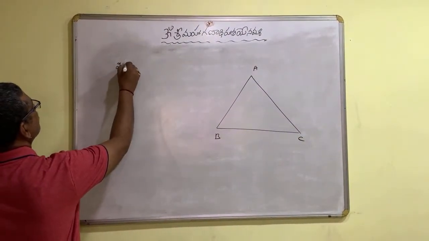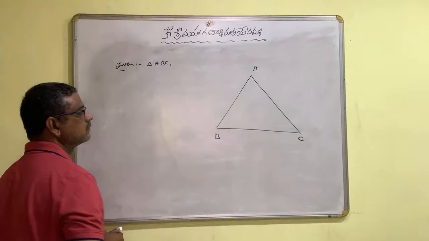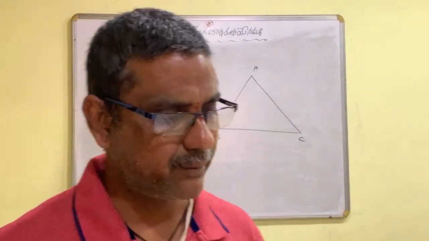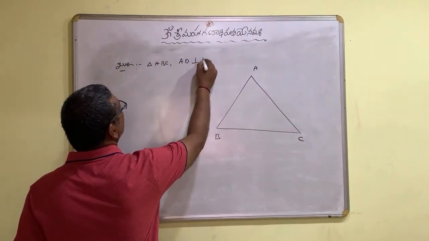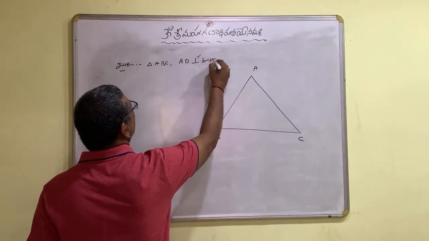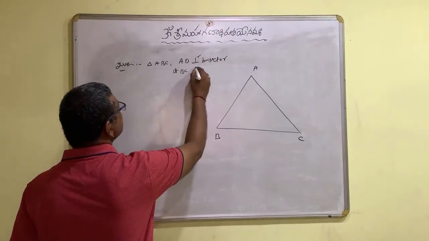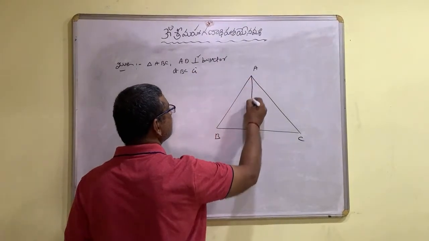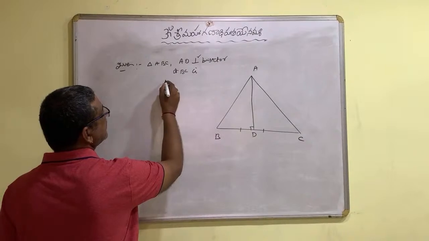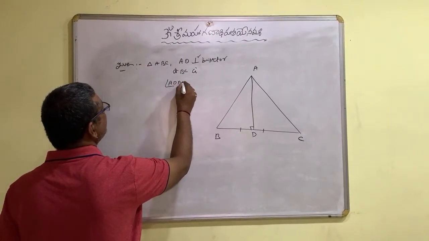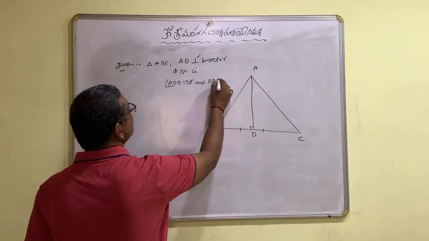Given: triangle ABC, and AD is the perpendicular bisector of BC, that is, angle ADB is 90 and BD is equal to DC.